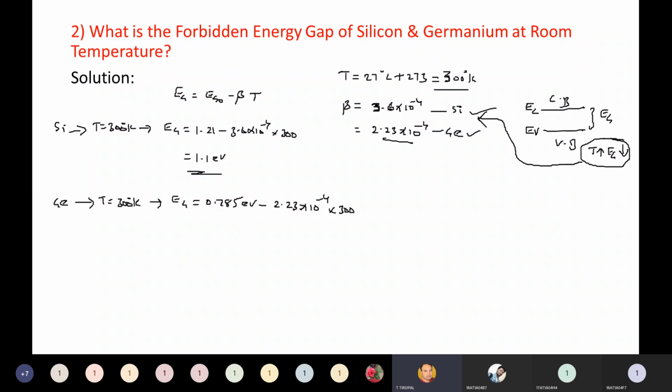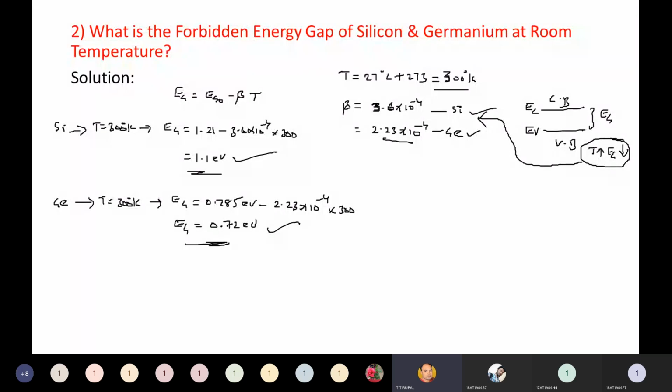If you do it, you get approximately 0.72 electron volts. So this is the energy gap at room temperature. You need to learn all this by heart. Energy gap at room temperature for silicon is 1.1, and for germanium it is 0.72 electron volts. Right? Is it clear?